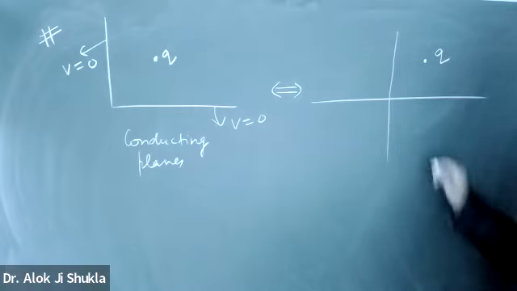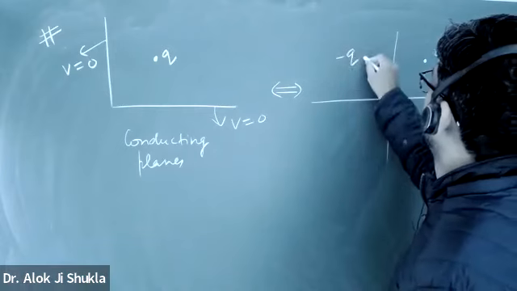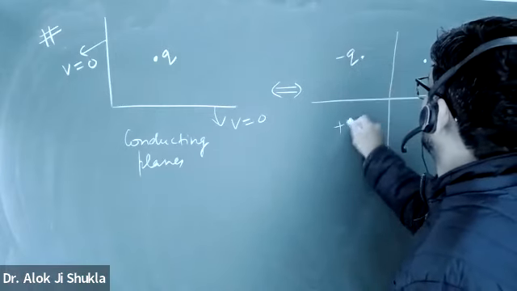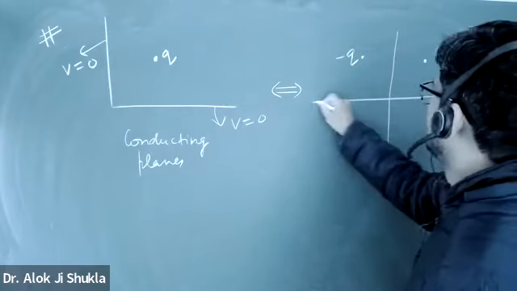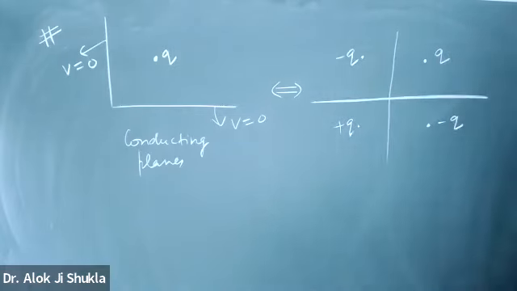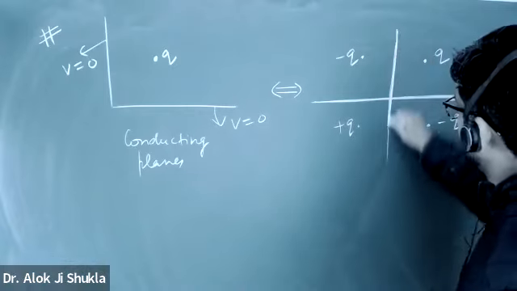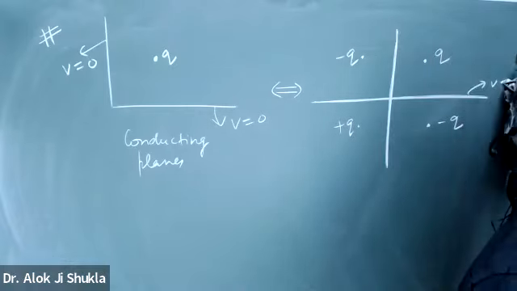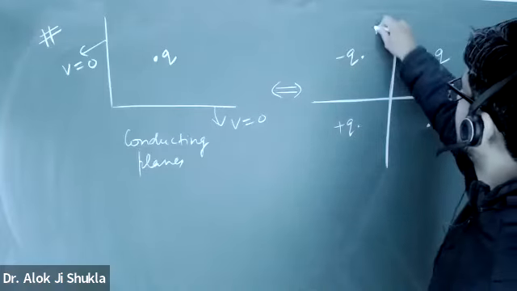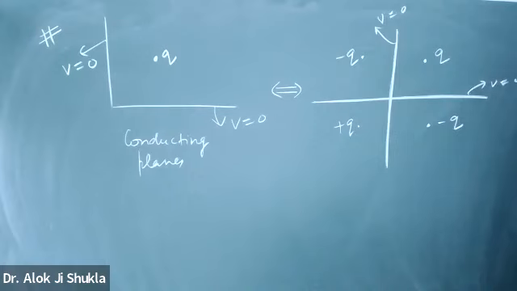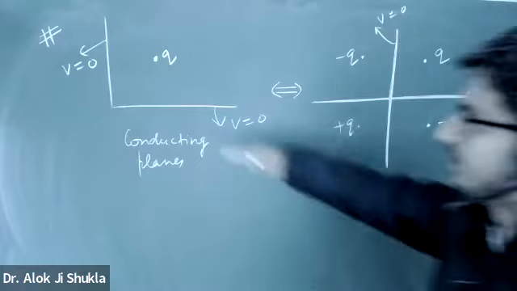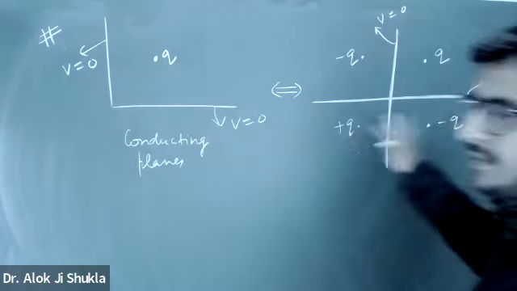Just on those points, I will try to make the potential 0 by putting the charges. चेक करो एक बार, क्या पोटेंशियल 0 है अब इन दोनों पॉइंट्स पे? Still, by putting the charges, is it 0? Yes, sir.